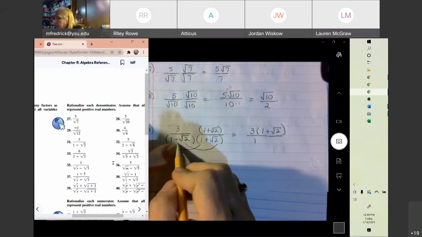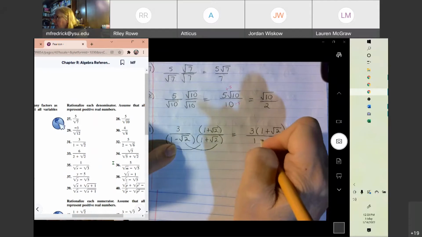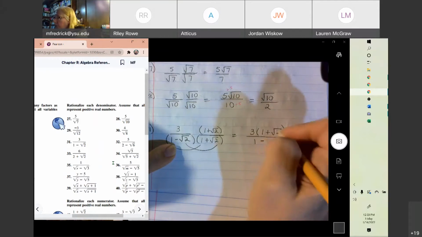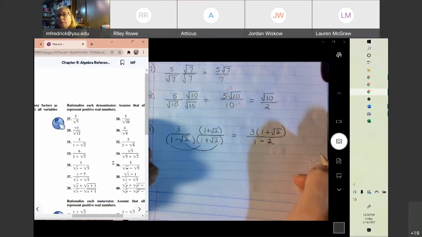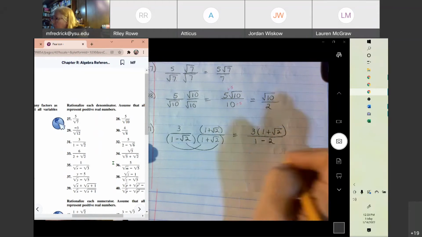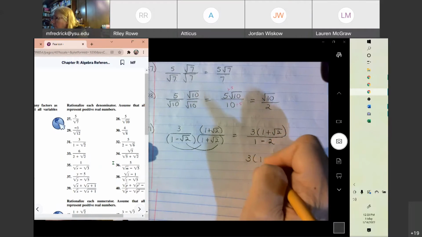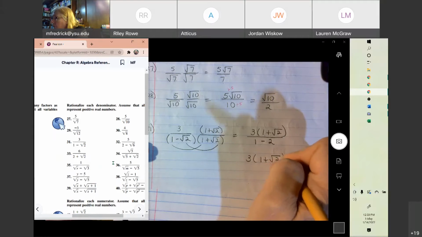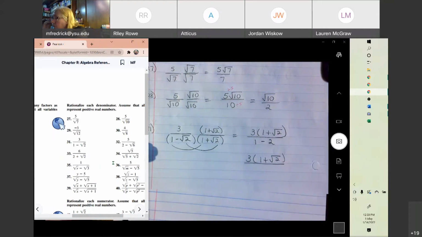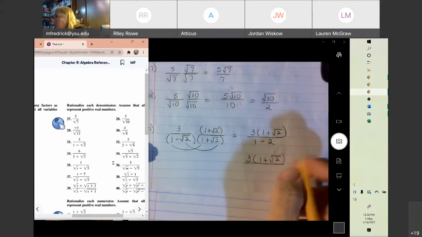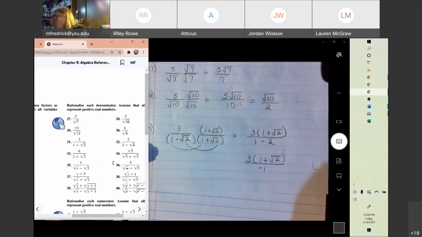And then a negative times a positive is a negative. Radical 2 times radical 2 is 2. Which gives us 3 times 1 plus the square root of 2 over 1 minus 2, which is a negative 1.